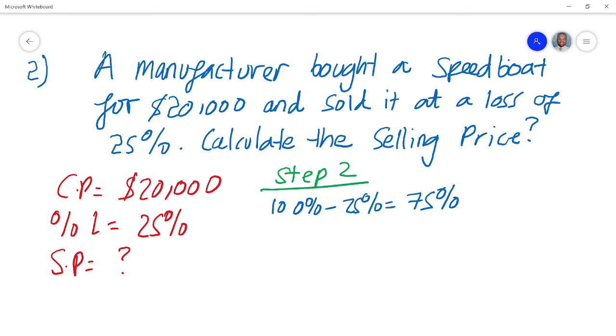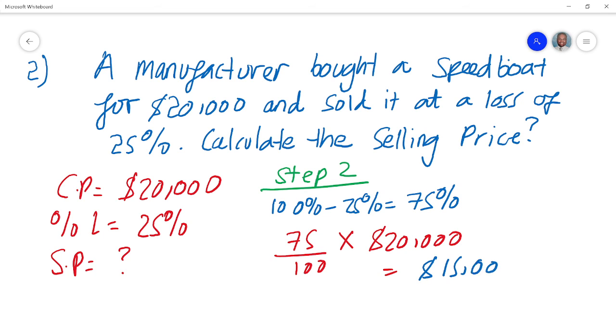And what you're going to do is get 75 over 100 multiplied by $20,000. You're going to get the same value that you obtained in step one, which is $15,000. So both steps one and two will give you the same answer.